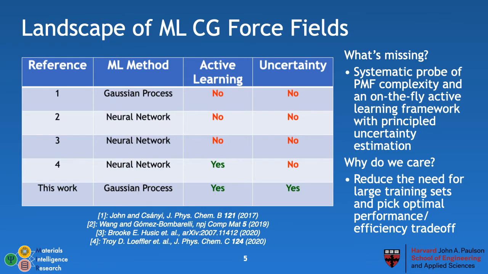Instead, we can use the interpretability of Gaussian processes to analyze complexity on small training sets alone. This is essential in designing potentials that give an optimal performance and efficiency trade-off. Moreover, while active learning schemes have been successful on coarse-grained water systems, this has not been done with principled uncertainty quantification. In the present work, we will address both of these challenges.